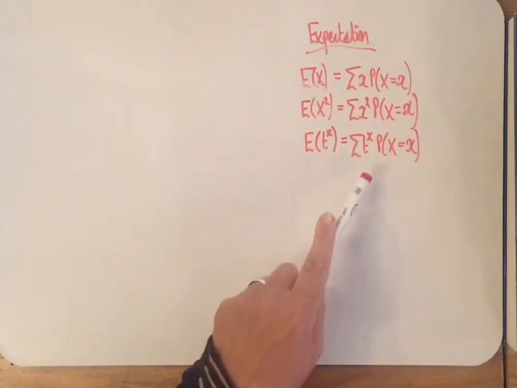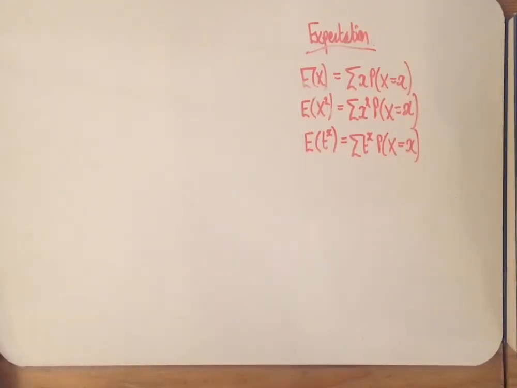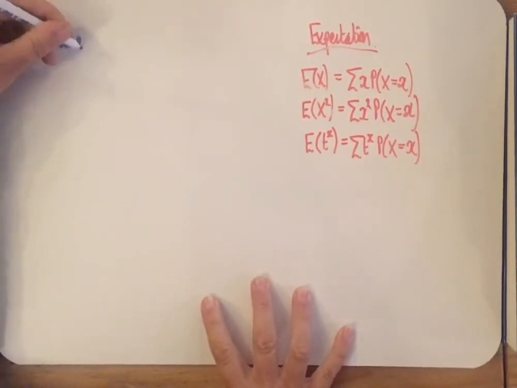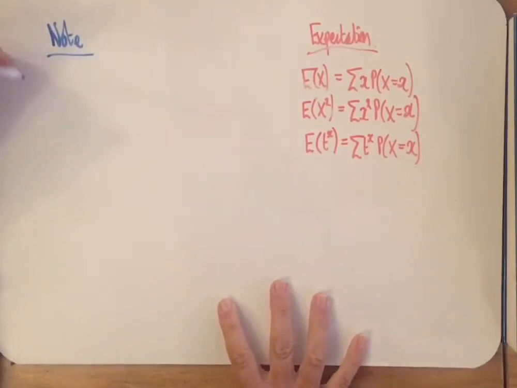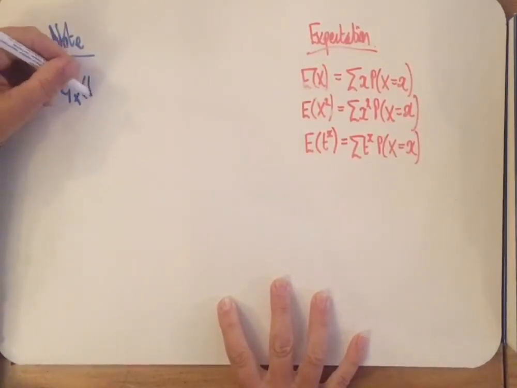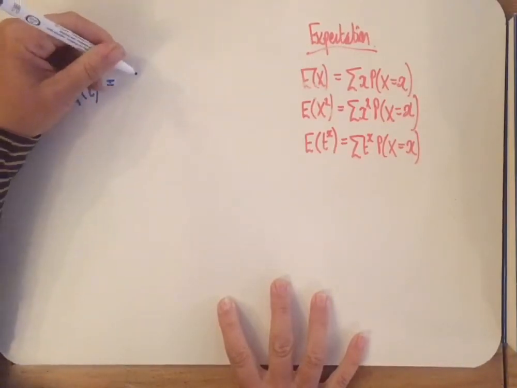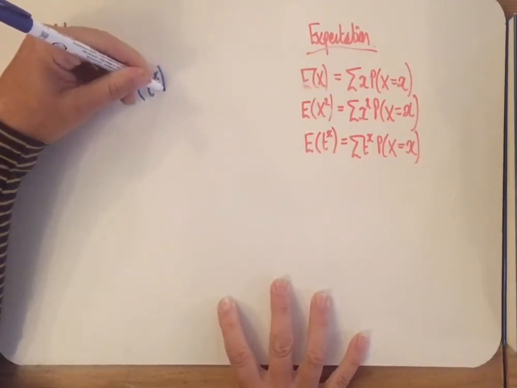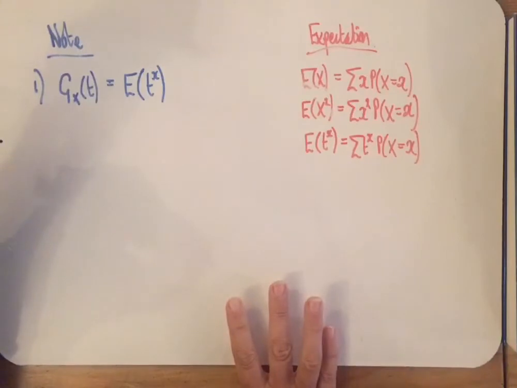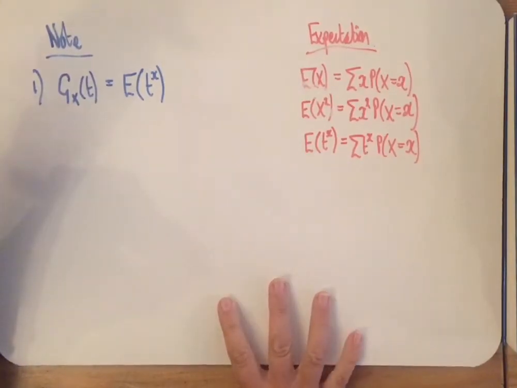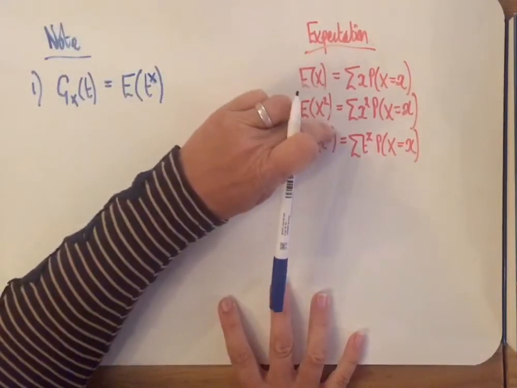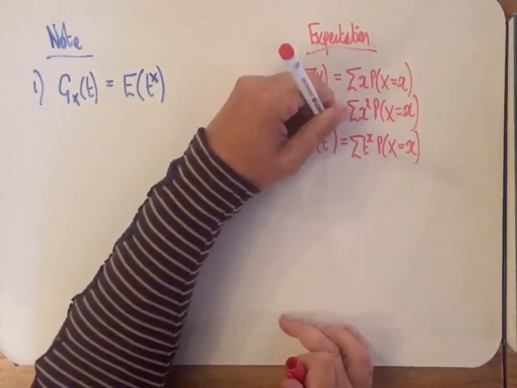So that is exactly the same as our definition for the probability generating function of X. Just as a note, because I think we'll come back to it at some point, the first note is that this is also equal to the expectation of t to the X. Let's put some capitals in for those X's there.